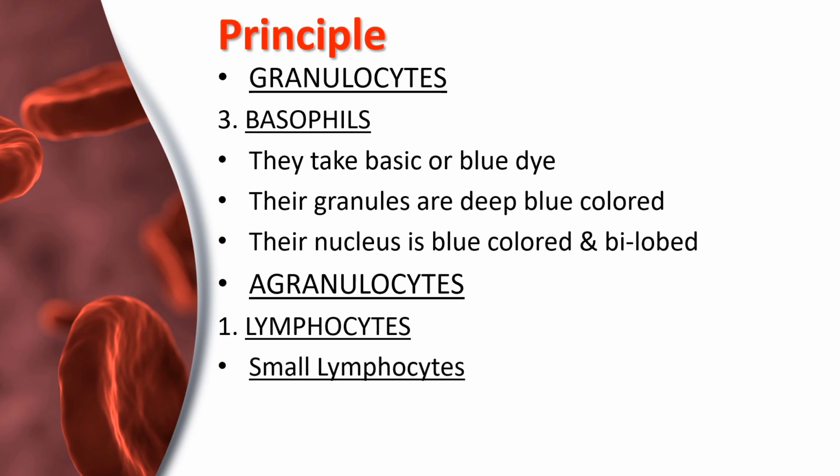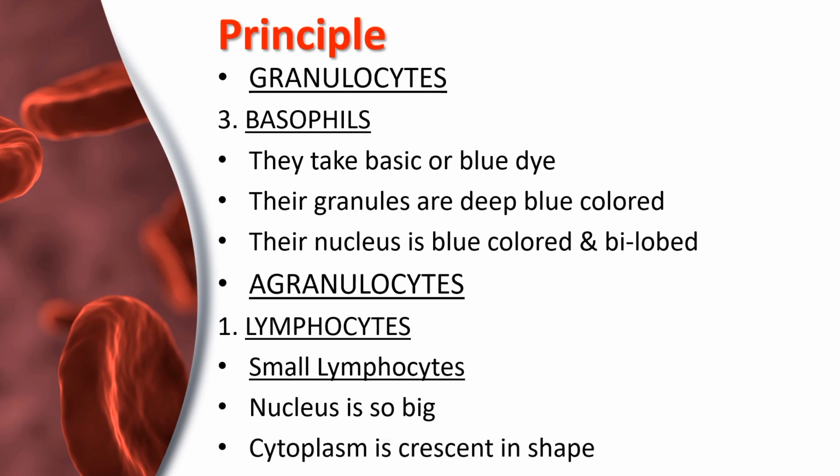First we'll talk about small lymphocytes. The nucleus of small lymphocytes is so big that cytoplasm can only be seen in one corner. Stains are deep blue, giving a pink spot appearance. Their cytoplasm is crescent in shape.